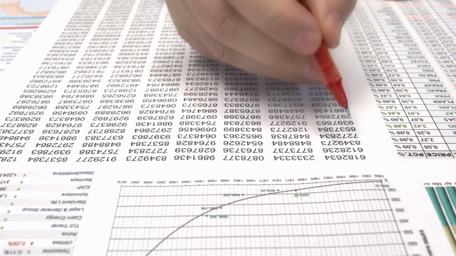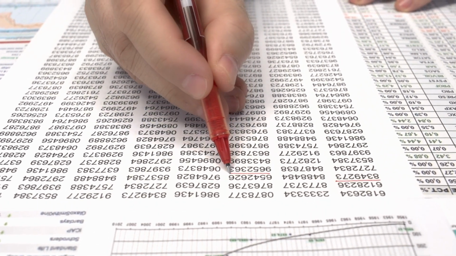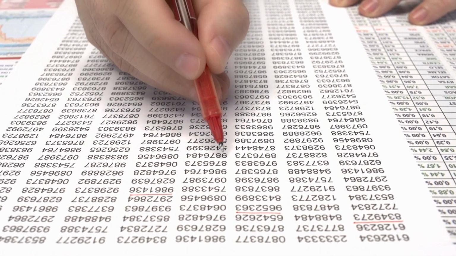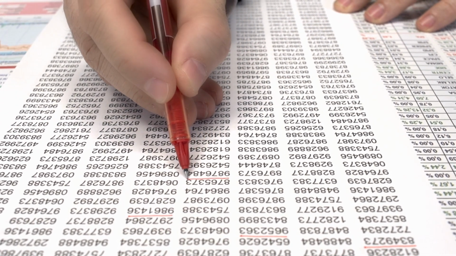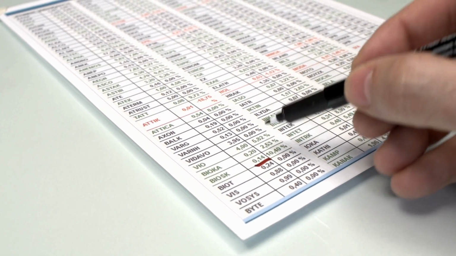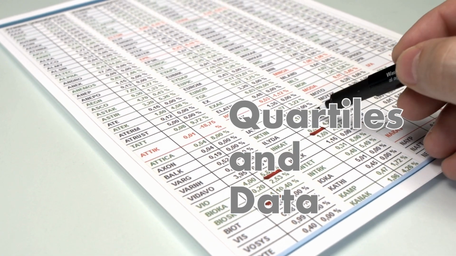Imagine we want to calculate the quartiles of a dataset. We can be interested in all kinds of data, as long as the data is numerical, something that we can count or that we can measure over and over again, repeated times. Here are some examples of data you might want to collect and study.